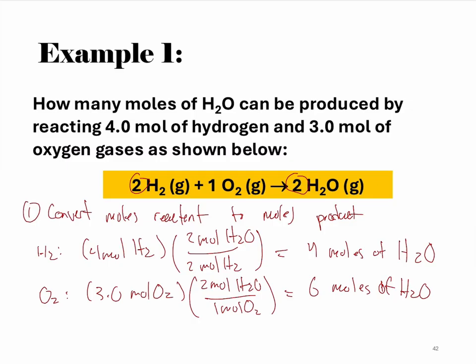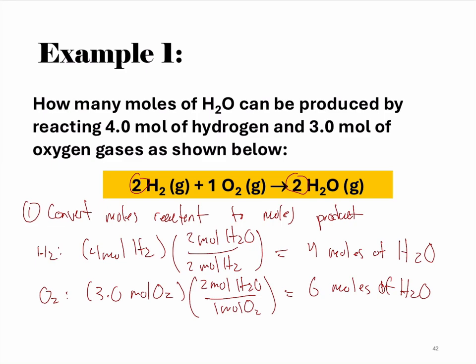Hydrogen, right? Because theoretically we made less product. This is less moles of water from hydrogen than moles from oxygen. Theoretically, we have more oxygen present than needed to react 4 moles of hydrogen gas.